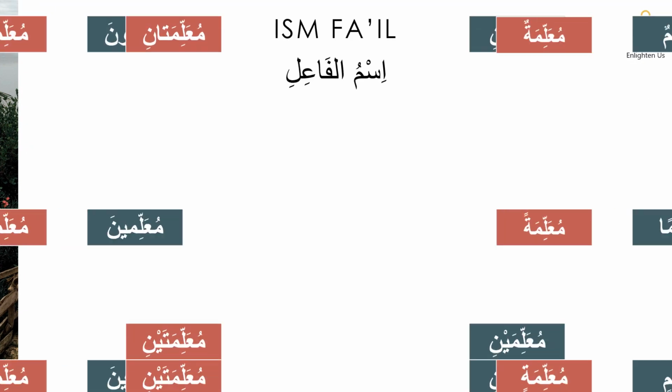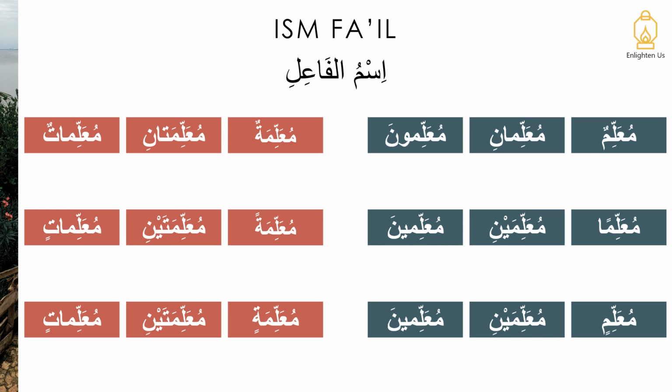So we're going to start with the ism fa'il and do revisit previous lessons to remind yourself of the ism fa'il and how it works. Now we are expanding on the original word mu'allimun.